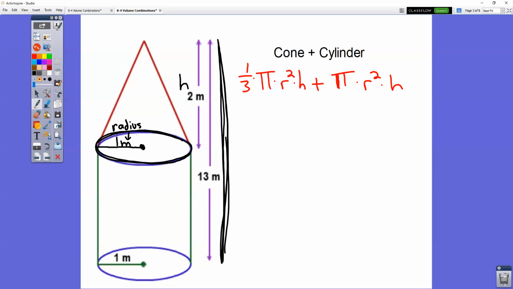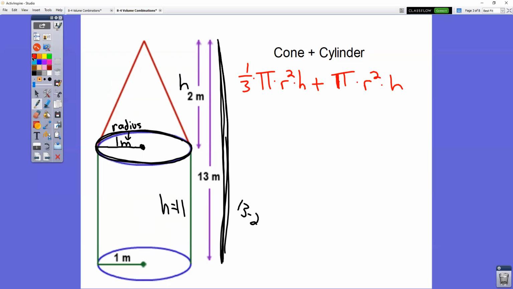So to find the height of our cylinder, we have to do 13 minus 2. We take our whole length, subtract out the 2 from the height of our cone, and therefore we're left with a height of 11 for our cylinder. So sometimes you might have to calculate some things. They might try and trick you a little bit by what you're given.